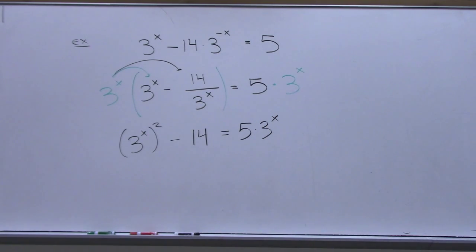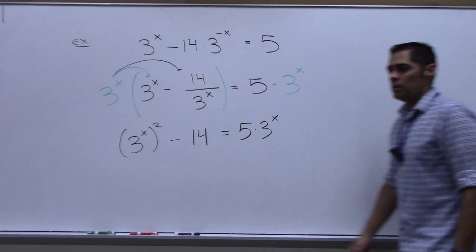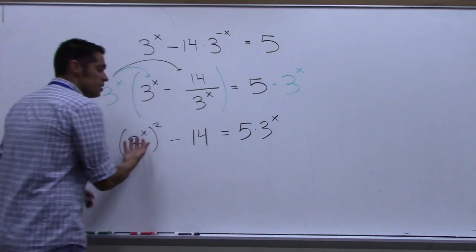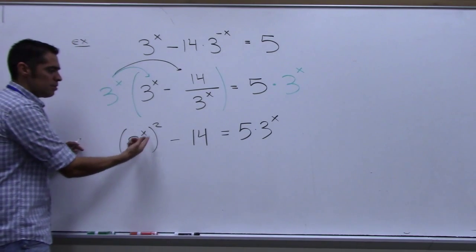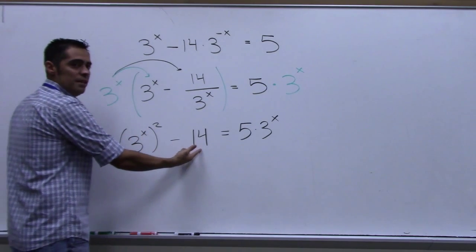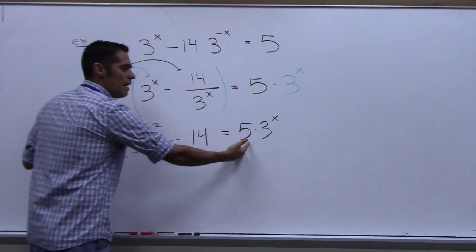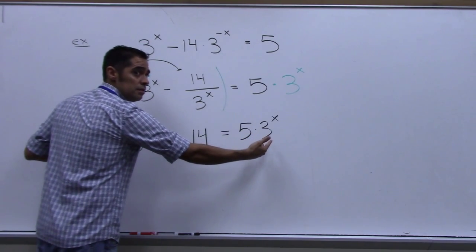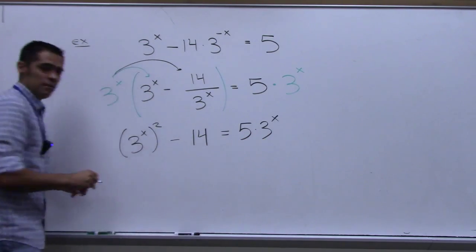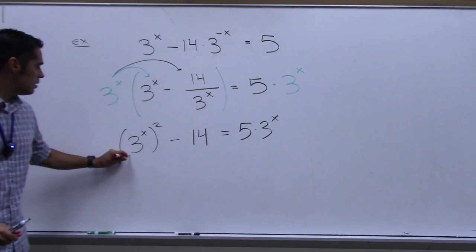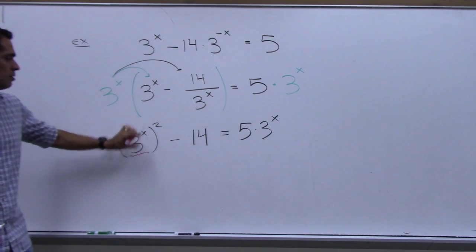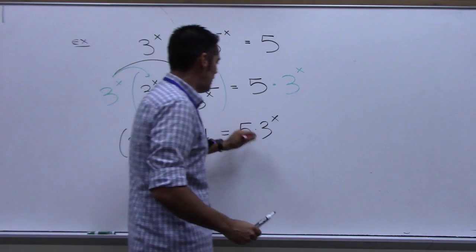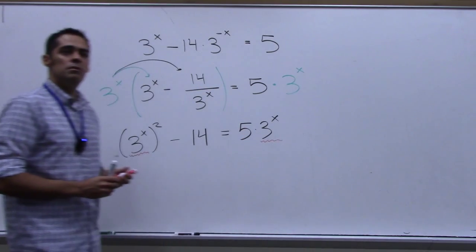Do you see what we've done? This now is going to look like a quadratic. If you squint your eyes, this is the u. Do you see it? U squared minus 14 equals 5u. See, look, 3 to the x is u. U squared minus 14 equals 5u.